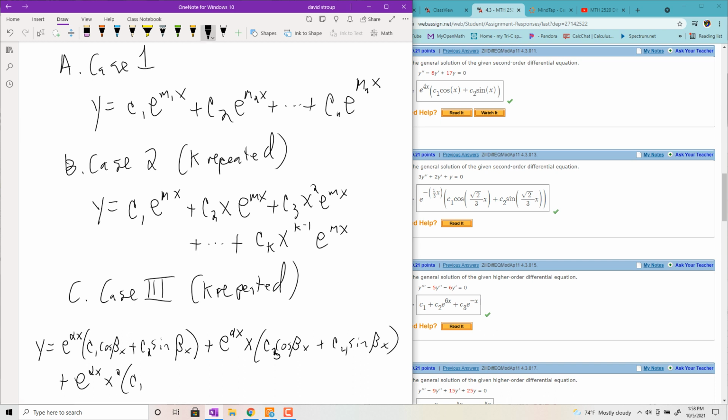C4, and then this would be C5 cosine beta x plus C6 sine beta x plus dot dot dot plus e to the alpha x, x to the k minus 1, and then x, c whatever.